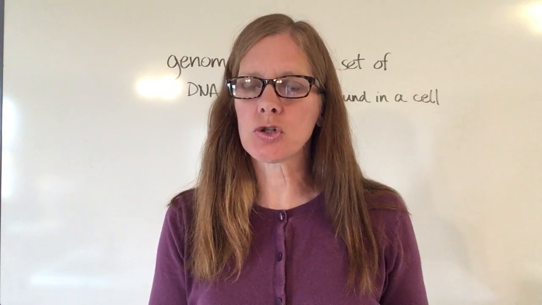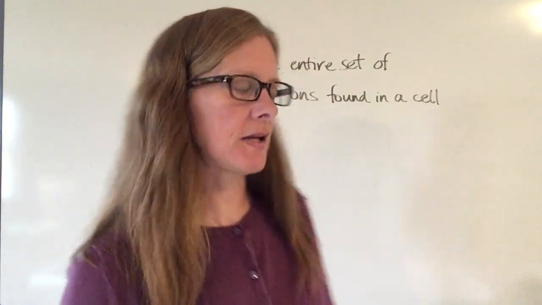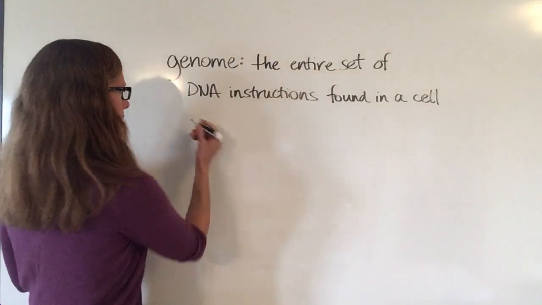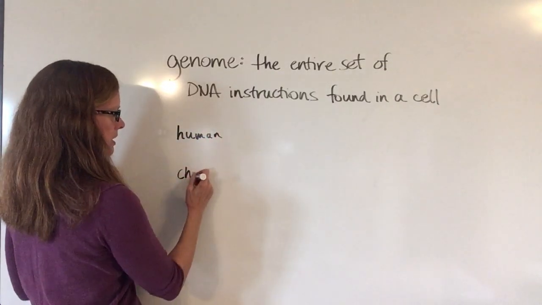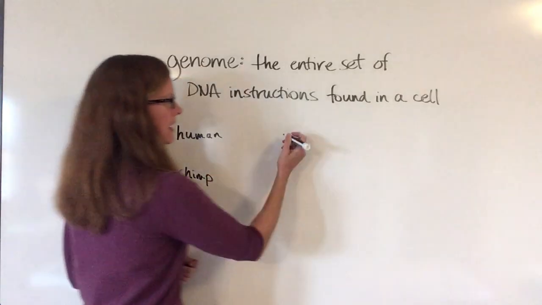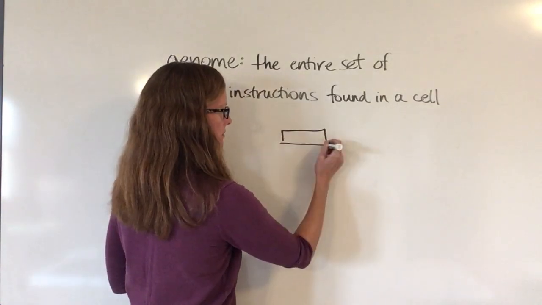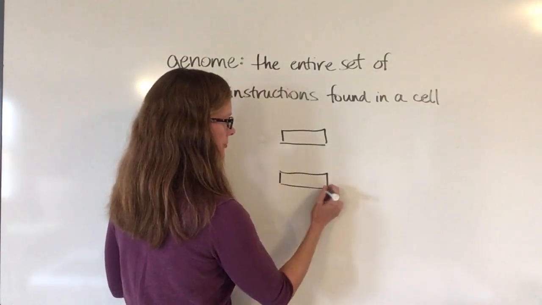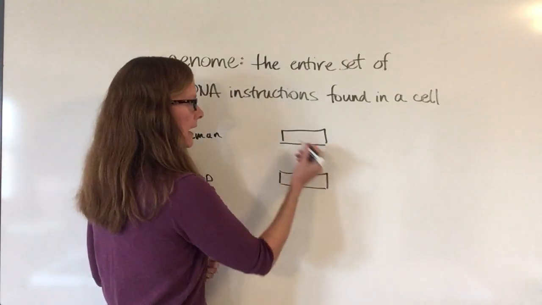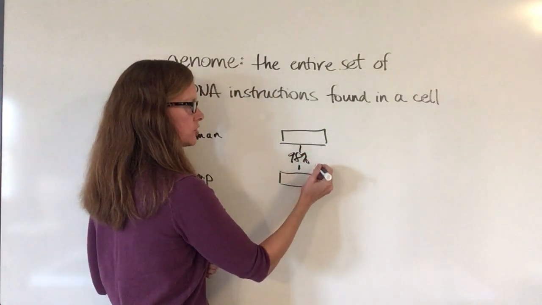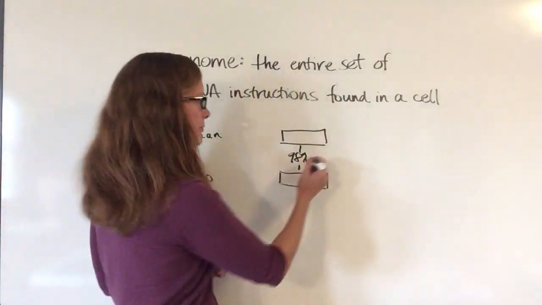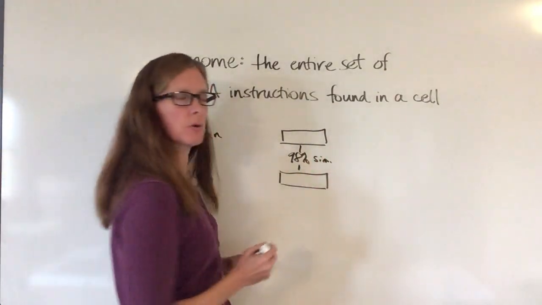So the researchers, basically what they did is, if this is the human DNA and this is the chimp DNA, they looked at this portion and this portion, and they said, oh, look, between these two portions, there's 98% similarity between the two of them.